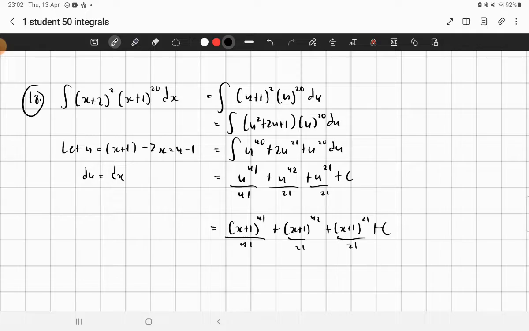Why is it so different? Oh, the expander. Or is it x plus 1? I believe that they didn't use any substitution.